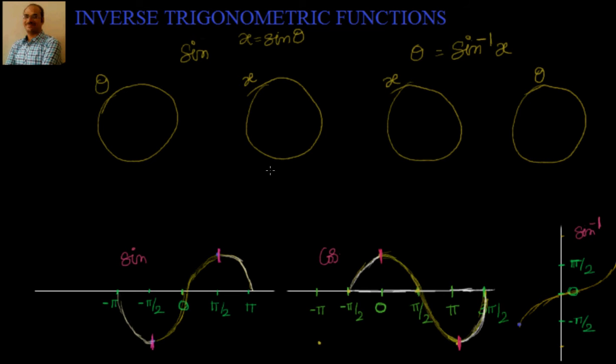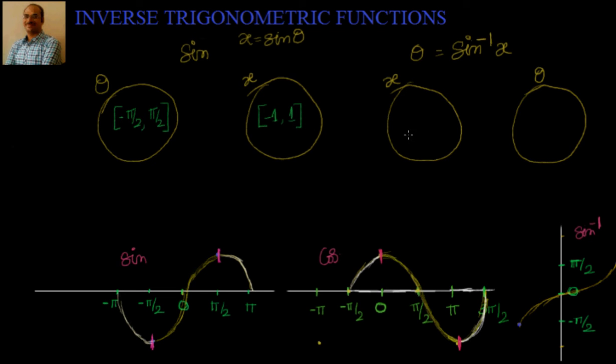So to have an inverse function, what should we have in the domain and range? For sine theta, we just now learned that the domain should be restricted to minus pi by 2 to pi by 2, and the range of that is nothing but -1, 1.